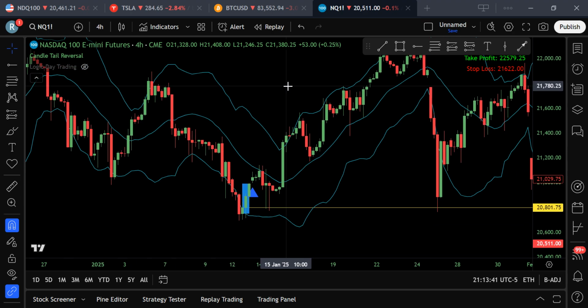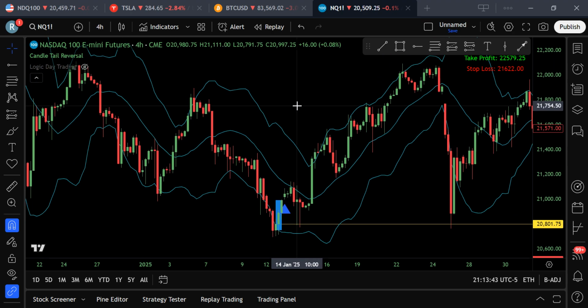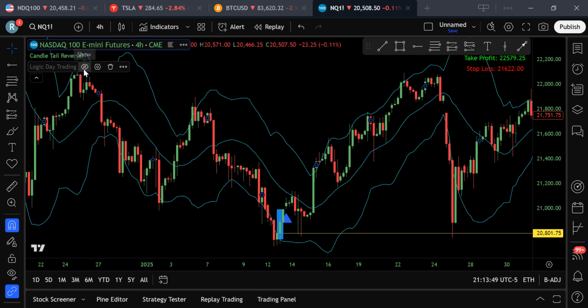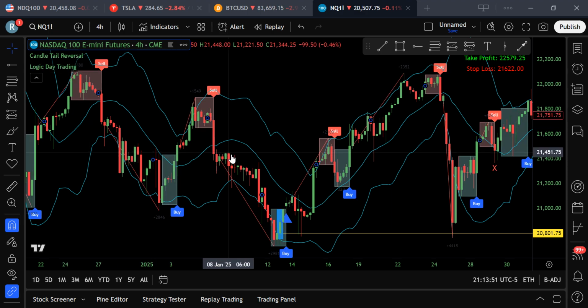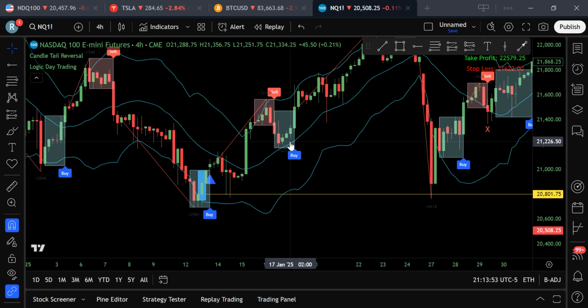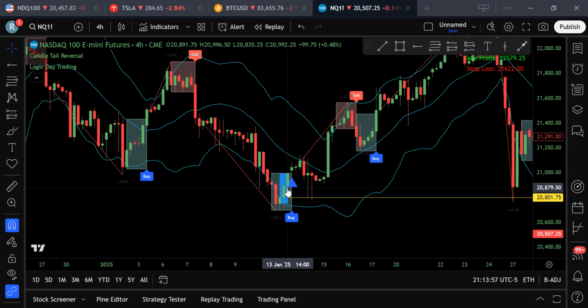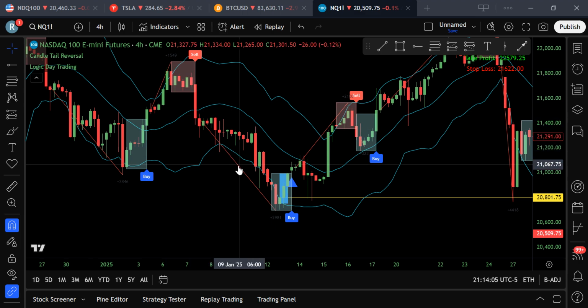And then with this example, last thing I even wanted to show is another indicator from the vault, the Logic Day Trading indicator. And this works great with something like this, where it is identifying zones to trade from. Obviously we can see here, it is great playing from this to up here and then a sell.